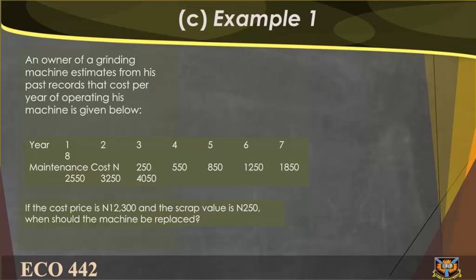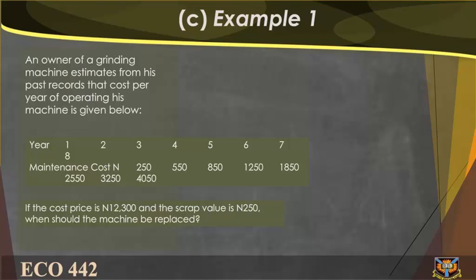C. Example 1. An owner of a grinding machine estimates from his past records that the cost per year of operating his machine is given below. Year 1, 2, 3, 4, 5, 6, 7, 8.